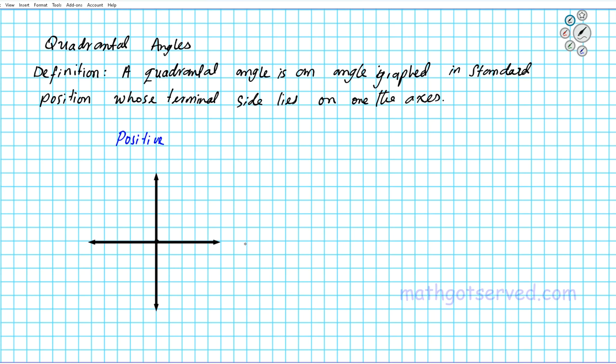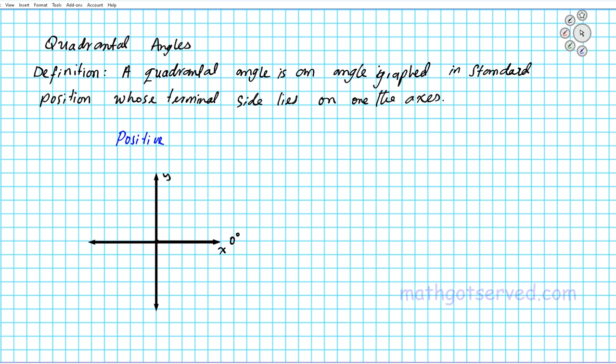This is your x-axis, and this is your y-axis. When you start from the positive x-axis, this is known as 0 degrees. So the ray that falls on top of this is your 0 degree quadrantal angle.